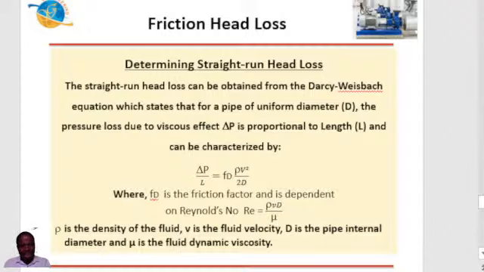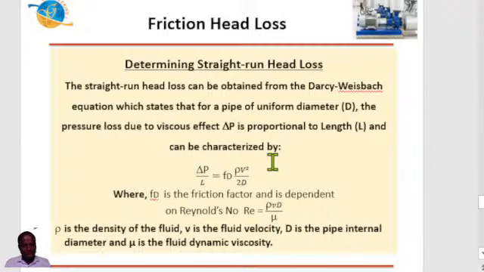Your straight run head loss can be obtained from the Darcy-Weisbach equation, which states that for a pipe of uniform diameter D, the pressure loss due to viscous effect, delta P, is proportional to the length and can be characterized by this expression.